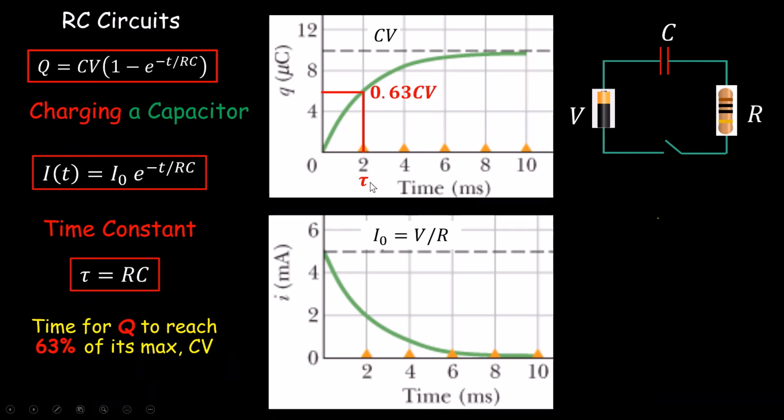Right now, for this curve, it is at 2 milliseconds. This will be the time constant, and this is the time where the curve reaches 63% of its maximum.